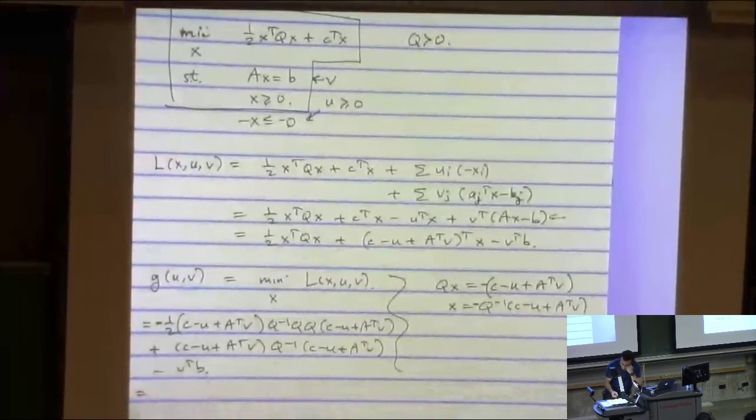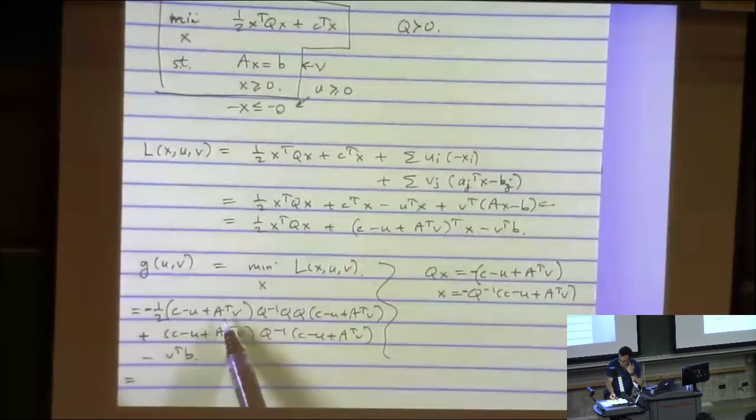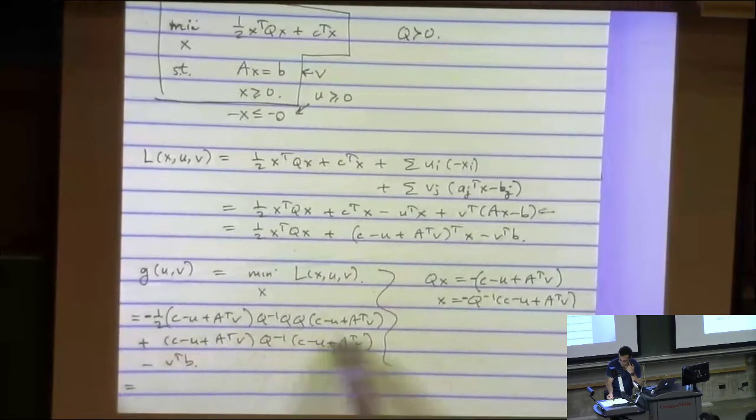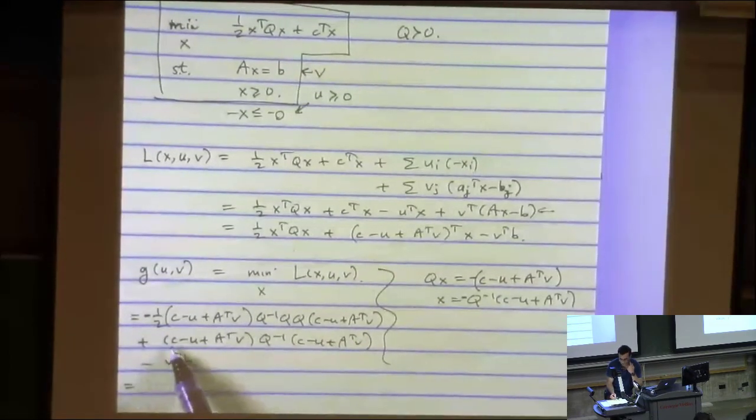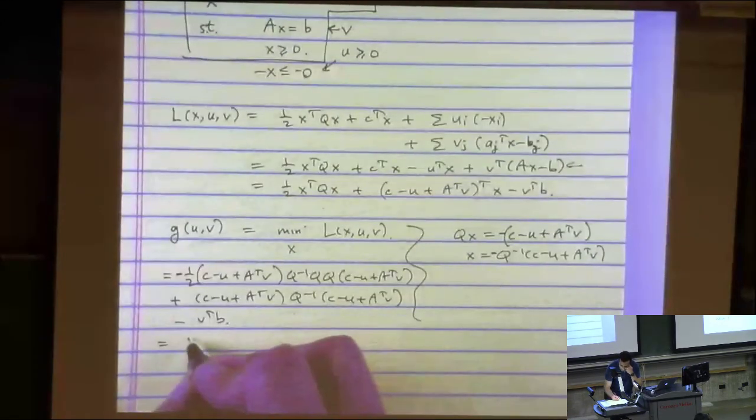If I look at the first two terms, I have 1/2 times (c minus u plus A transpose v) Q inverse the same quantity. Then I have the same quantity but positive without a half. So the total term I have left is just a half.